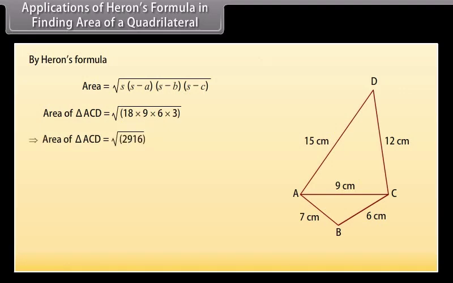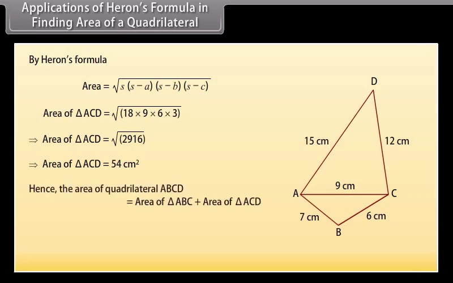By solving it, we get area of triangle ACD is 54 centimeters square. Hence, the area of quadrilateral ABCD is equal to area of triangle ABC plus area of triangle ACD, which is 20.98 plus 54. Therefore, area of quadrilateral is equal to 74.98 centimeters square.